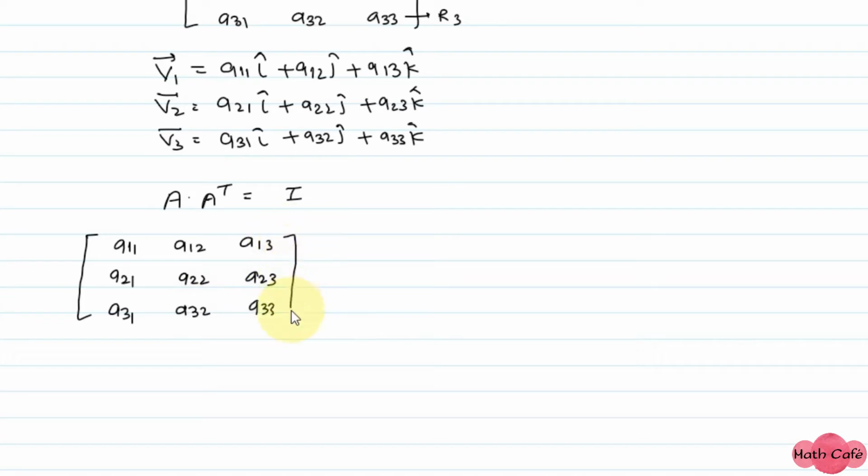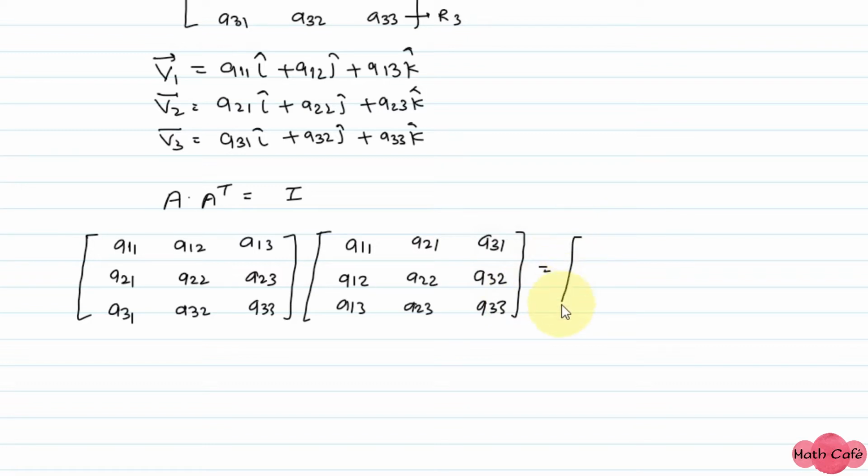If this matrix is multiplied by its transpose, the transpose will be A11, A21, A31, A12, A22, A32, A13, A23, A33. This is the transpose of A, and that is equal to I, the identity matrix of the same order: 1, 0, 0, 0, 1, 0, 0, 0, 1.